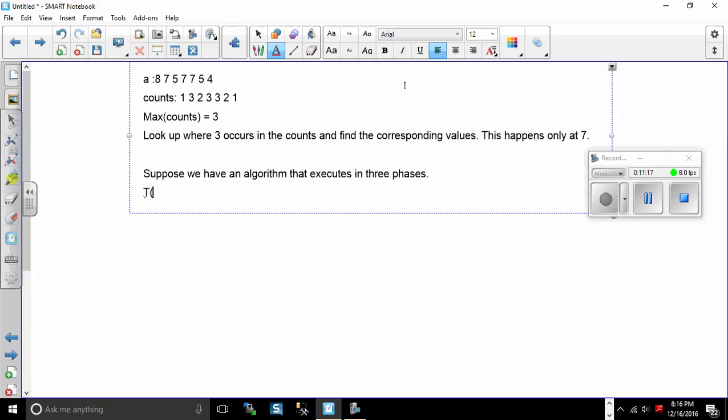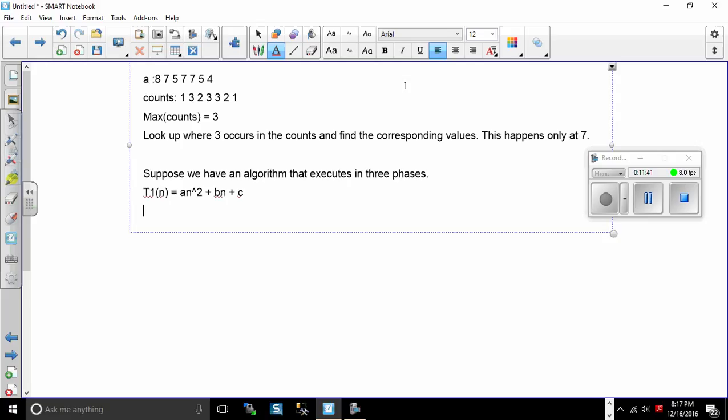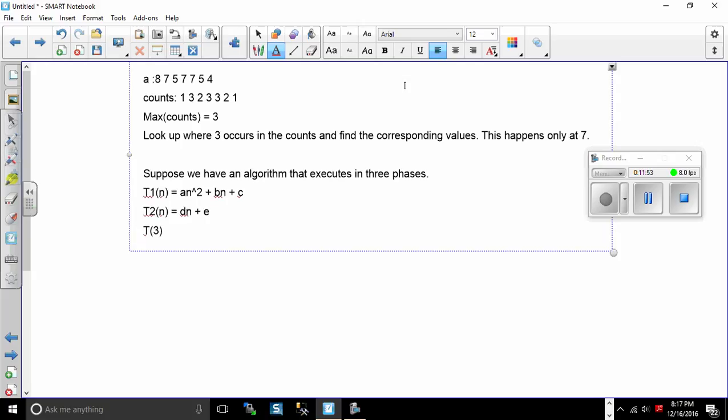The first phase has an execution time we'll call T1, which was found to be modeled something like this. Then the second phase was found to have an execution time of an order like this. And then the third phase was also linear. Let's see, F times N plus G.